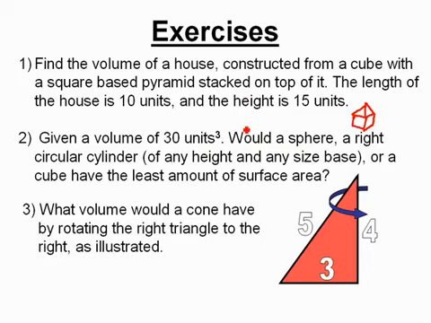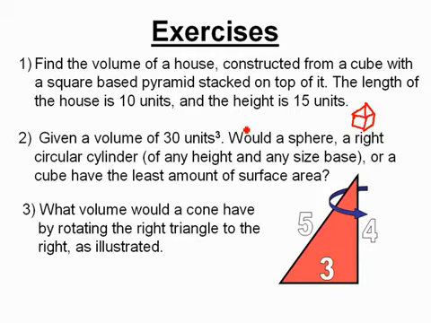Question 2. Given a volume of 30 units cubed, would a sphere, a right cylinder of any height and any size base, or a cube have the least amount of surface area? Here's a tip. Granted, you can't easily calculate a cylinder for any height and any size base with a volume of 30 units. It would be very, very difficult.